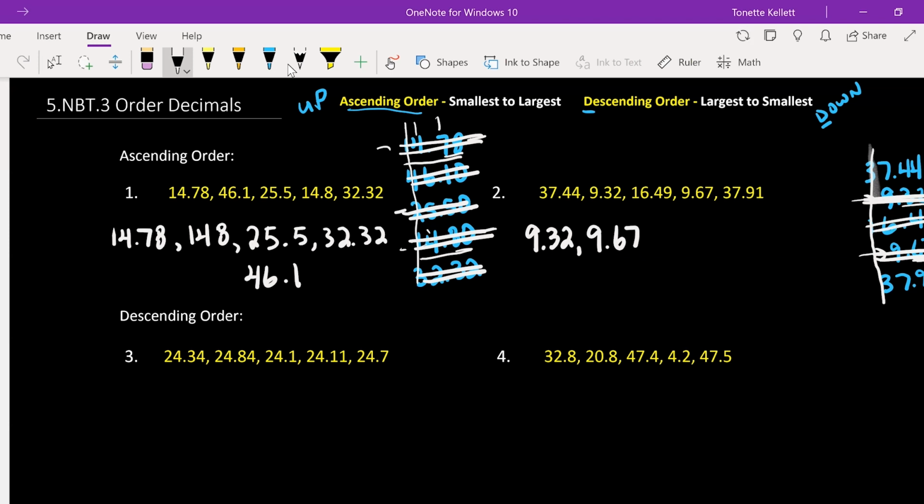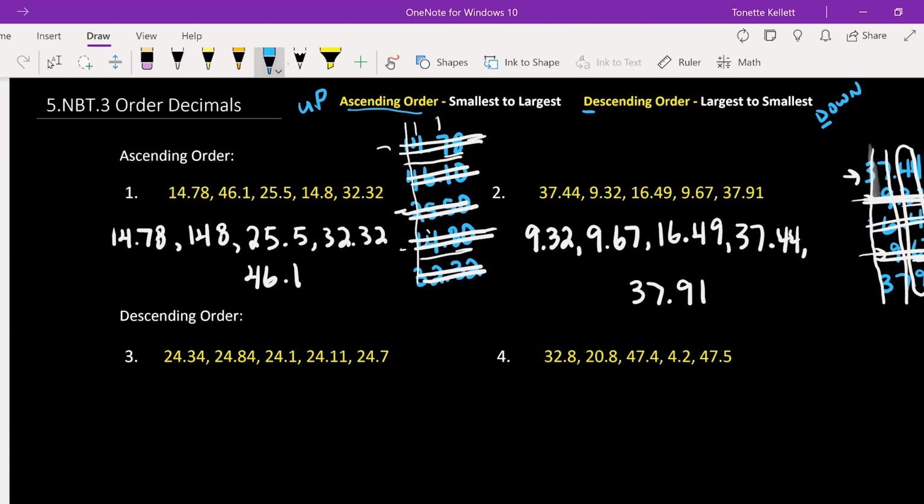So the 16.49 comes next. Now I have 2 left. So they're both 37s. We have a 4 and a 9. So 37.44 comes next. And 37.91 is last.